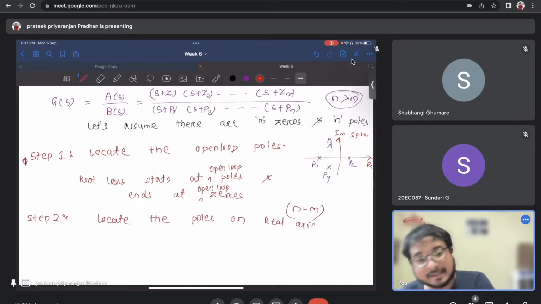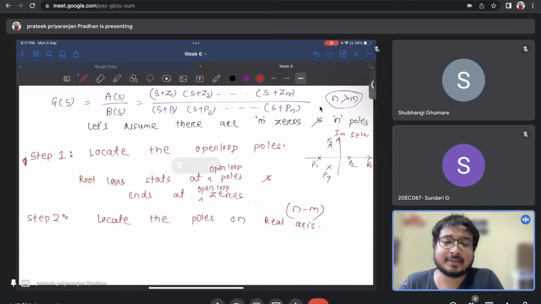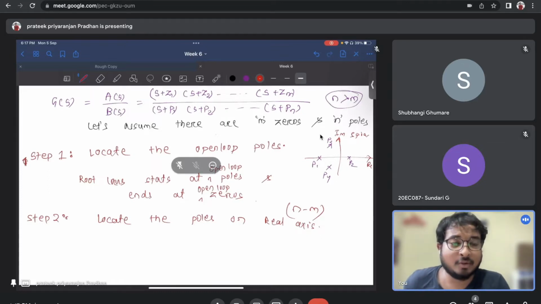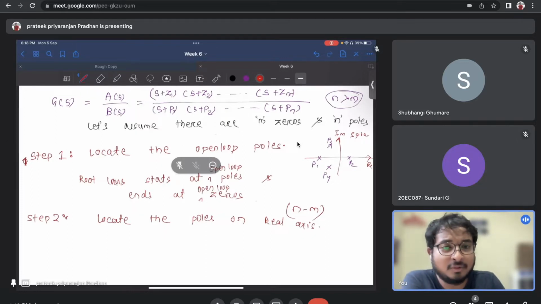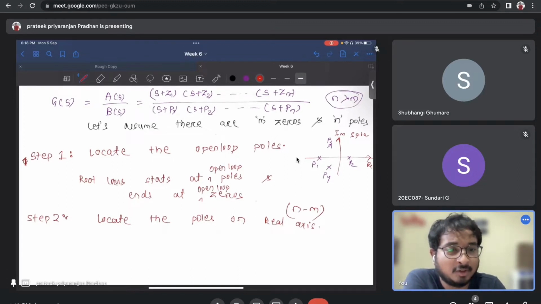Can somebody reconfirm whether they know these steps or not? Otherwise I will directly go to the question. Do you know these steps? Shubhangi or Sundari, anybody?